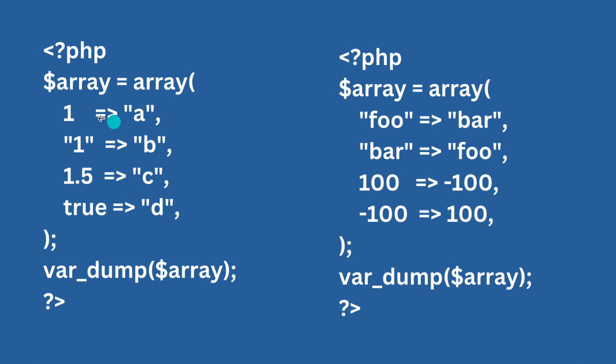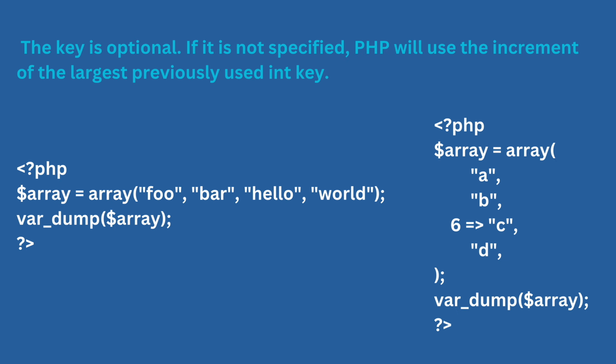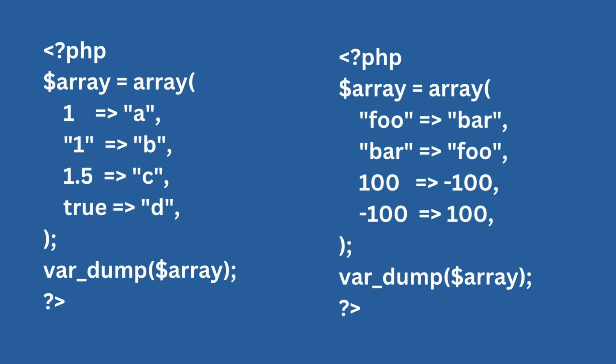Then see here. Can anybody tell me what is the output of this array? 1D. How many people agree that this will be 1D? Anybody any confusion on this?